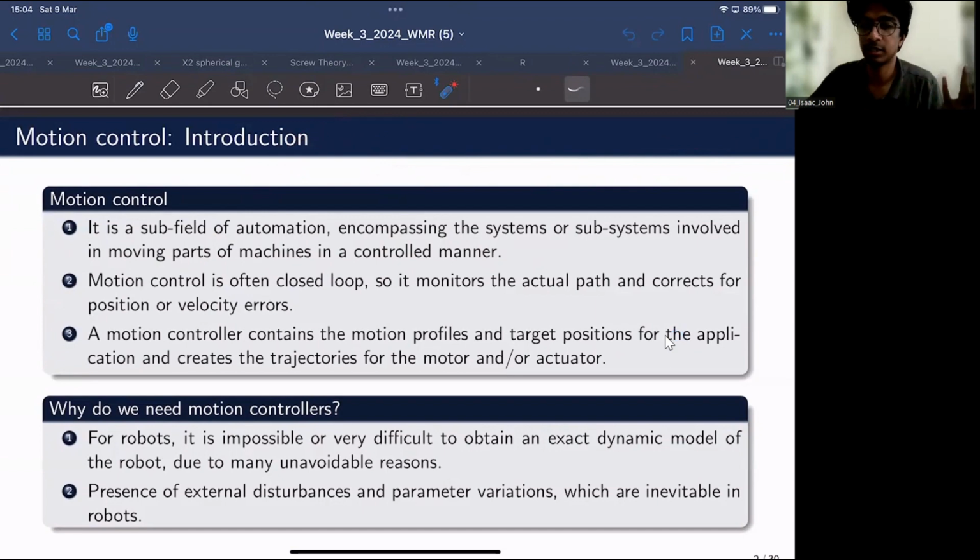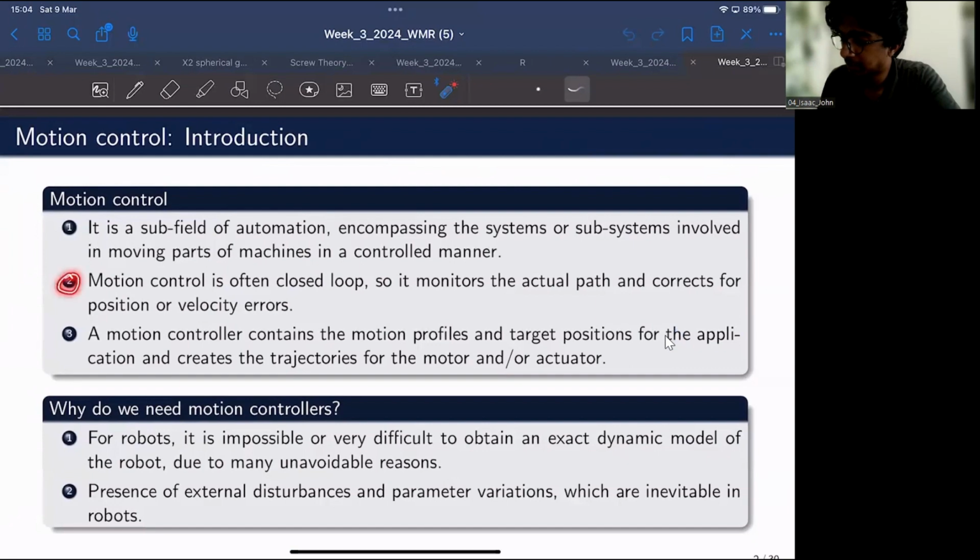For example, if you consider a robotic arm or a mobile robot, our objective is to drive the mobile robot along a desired trajectory. Or if you want to make a robot go to a specific point, we can regulate the mobile robot to navigate to that specific point. This entire process of making systems move or behave in a controlled manner is what defines a motion controller.